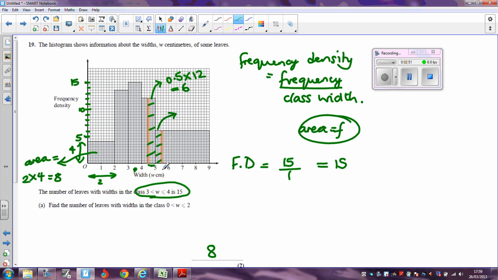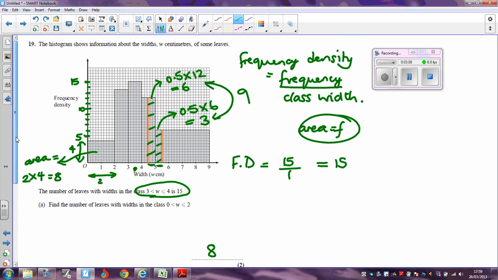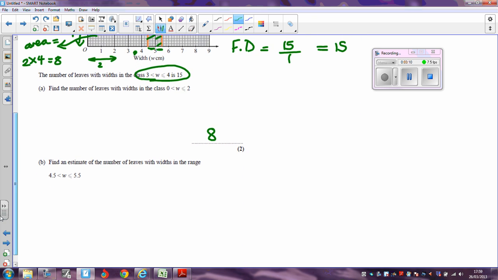Now, for this area here, the width across the bottom is 0.5, and the height there is 6, and 0.5 times 6 is 3. So the total area there is 3 plus 6, which is 9. So the number of leaves in the range 4.5 to 5.5 is 9 leaves. There are 9.